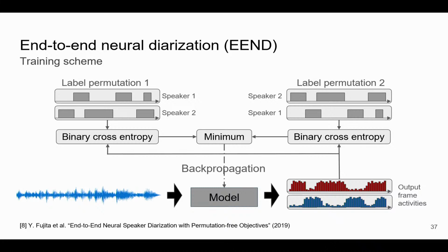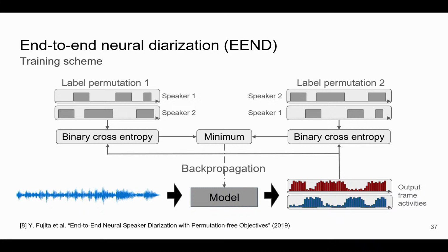That's basically what you want to get. But one way is you fix the outputs: this is the first speaker, this is the second speaker, and I train my model to do that. But now I flip the input, and maybe the model will not work so well. So we need to be invariant to that, and that's why we have these permutation-free objectives. What you do is you take your labels; in this case there are two speakers, so there are only two permutations.